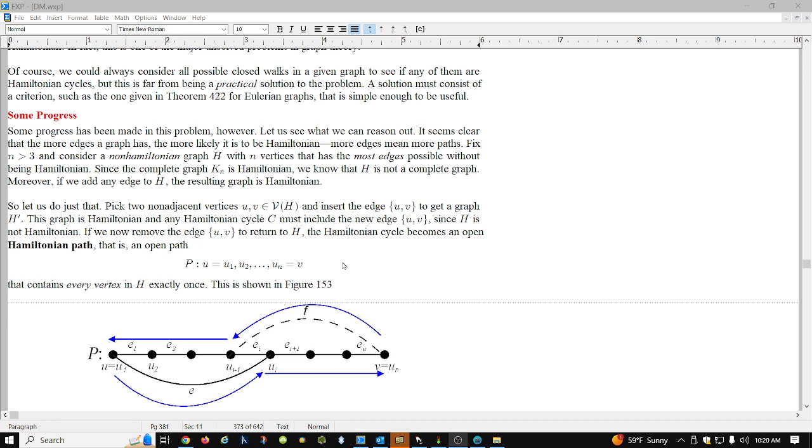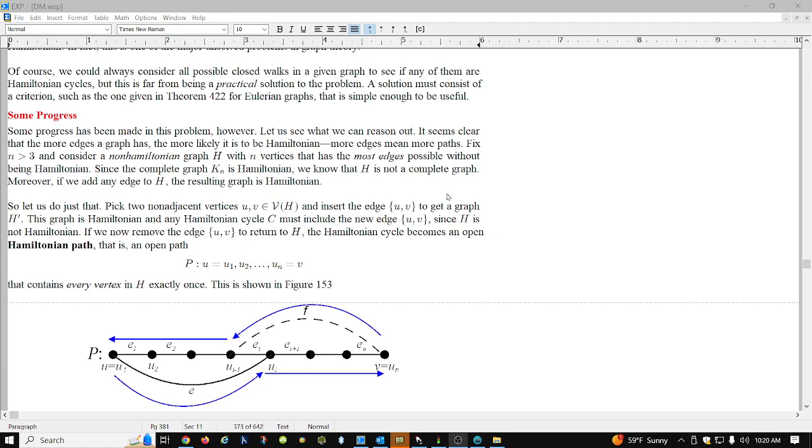So let us add an edge to H. We'll pick two non-adjacent vertices, which must exist because the graph is not the complete graph, and insert the edge. So u and v are the vertices. We'll insert the edge uv just temporarily. That will give us a new graph, H prime, and that graph is Hamiltonian.